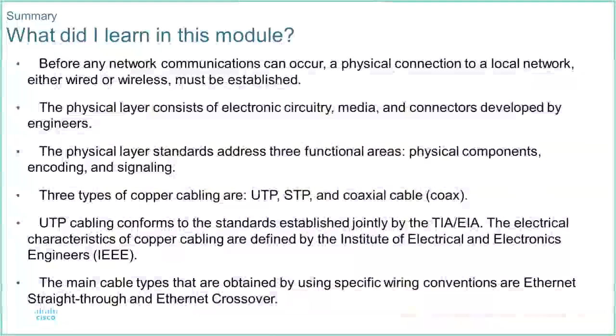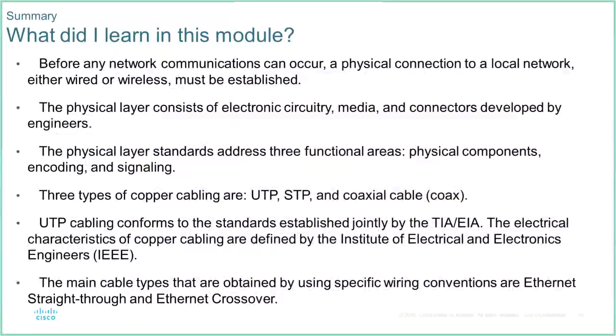So in summary, we had a look at how physical connections occur, what types of media are covered in networking: copper, fiber optics, and wireless. We had a look at who's responsible for controlling the standards for the physical media.